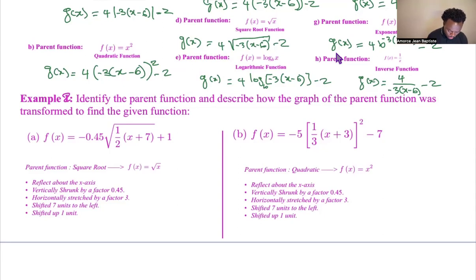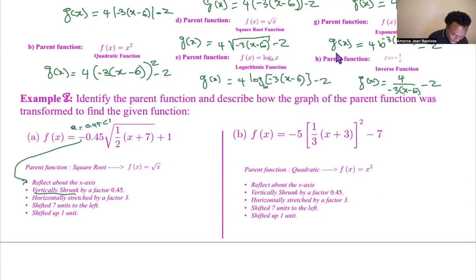Well, let's identify the values. So that's the minus sign, which means a reflection in the x-axis. This number 0.45 is A, but it's less than 1. So that's why we say that is a vertical shrink.